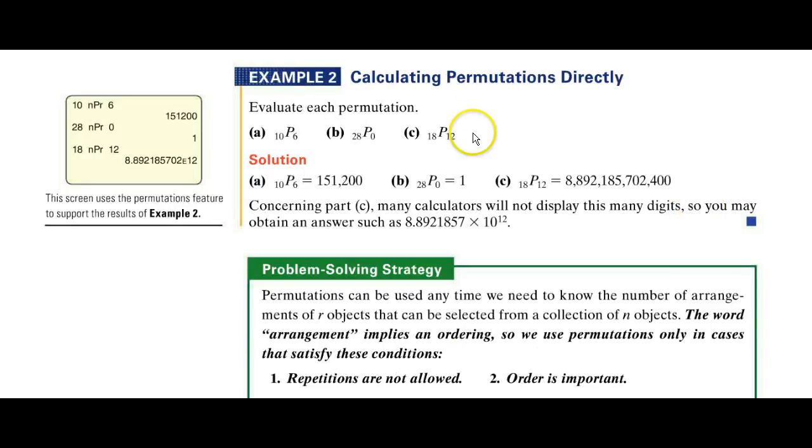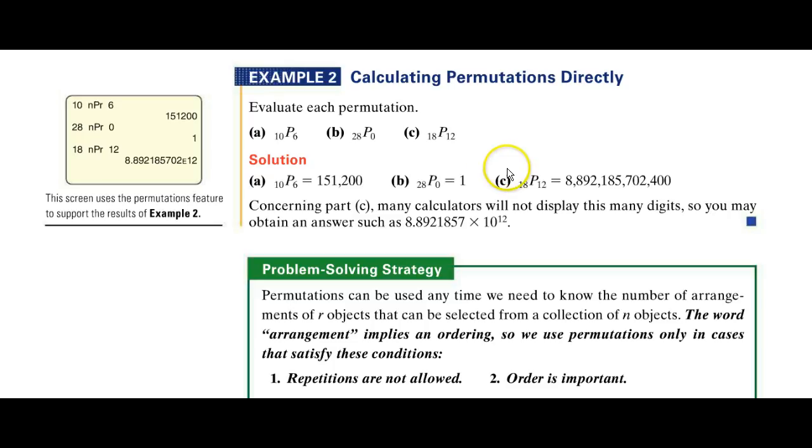In example 2, they're featuring that in some of your calculators, they may be able to evaluate permutations directly by putting this into your calculators. And these are the examples, these are the answers.